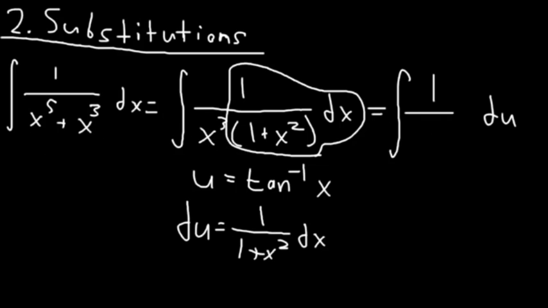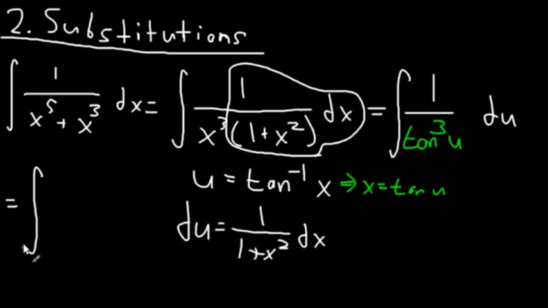Well, let me just change the color to green, since blue wasn't very visible in the last video. If you take the tangent of both sides, you're going to get that x is equal to tangent u. So x cubed is going to be tangent cubed of u, and so this is going to equal the integral of 1 over tangent, which is the same as cotangent, and cotangent is the same as cosine over sine.